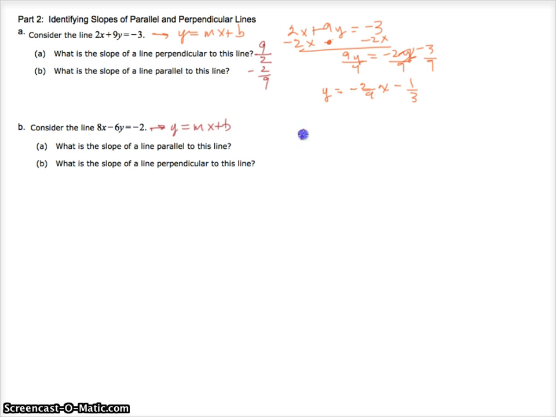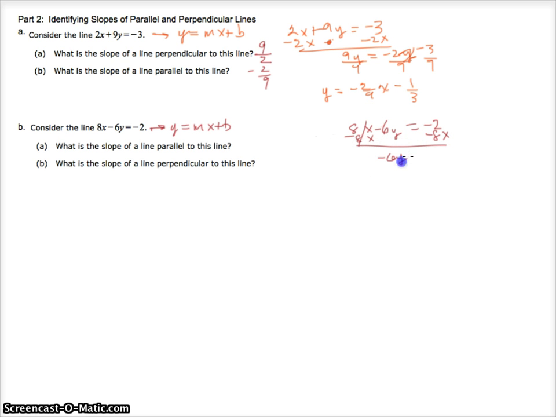I'll set up 8x minus 6y equals negative 2. I'm going to subtract 8x from both sides.